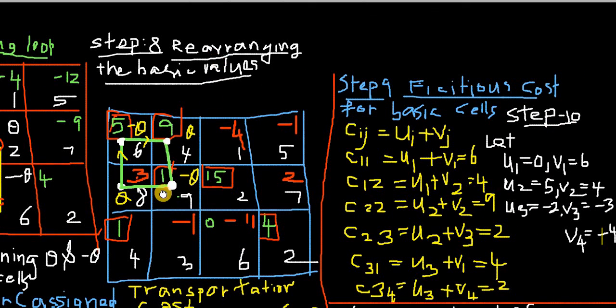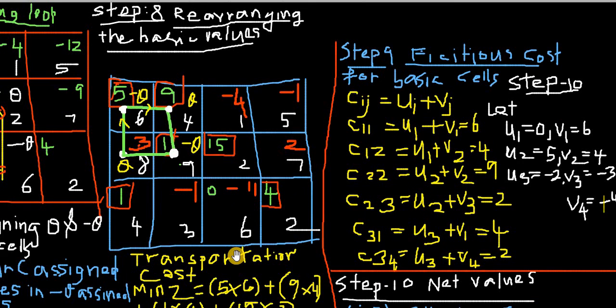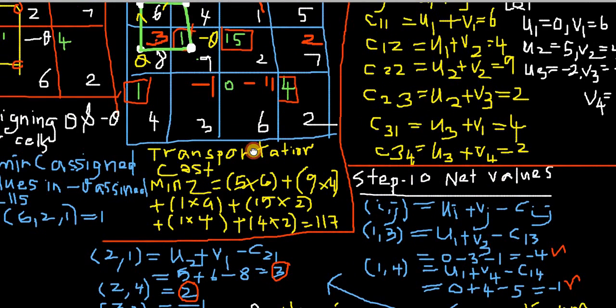We are assigning theta, minus theta, plus theta, minus theta. Where to start? From the maximum positive net value.